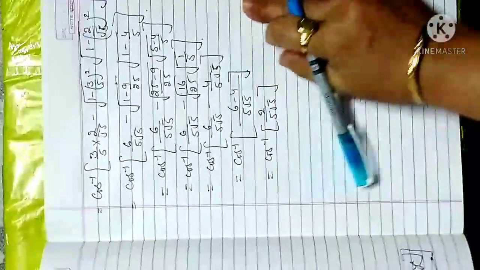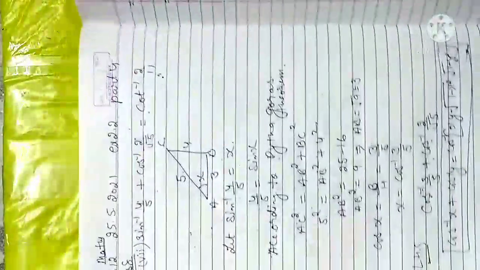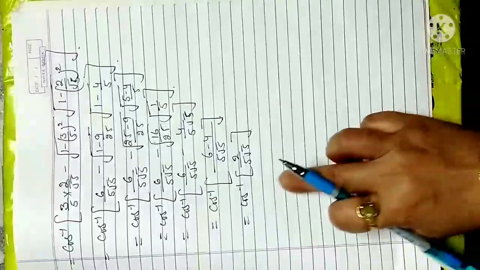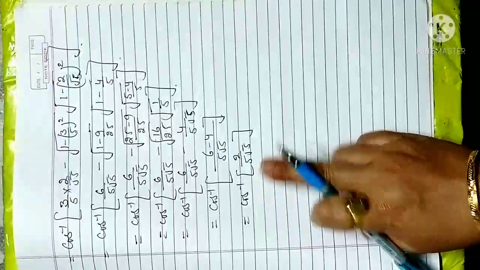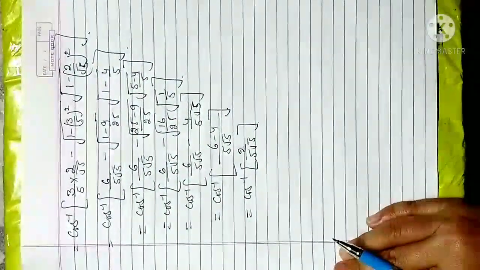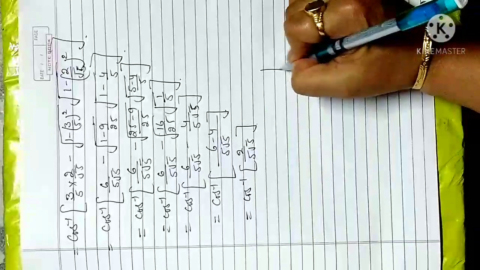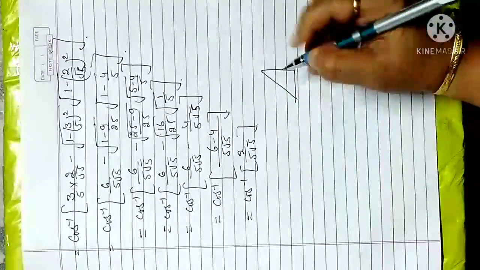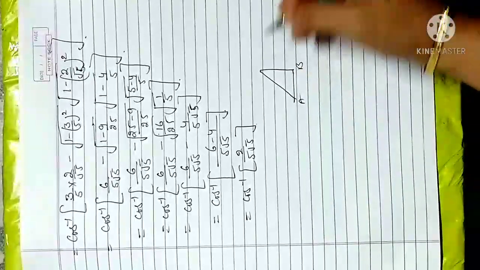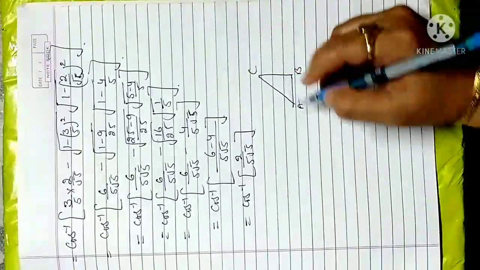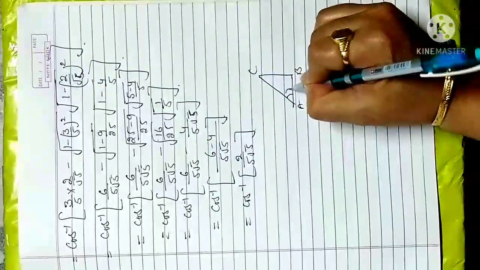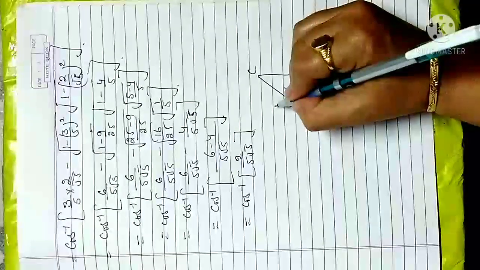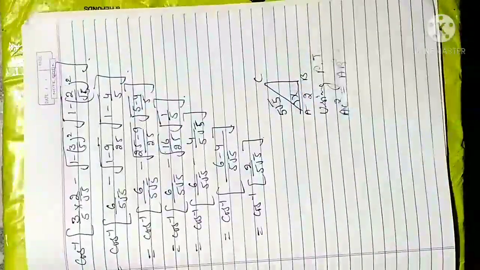Okay, but now my question is that I want to prove cot inverse 2 by 11. That means whatever value I get here as cos inverse, now I try to convert into cot inverse. So I go again with the right angle triangle. So here again A, B and C. So if this is my angle x and cos inverse is base upon hypotenuse, that means this is base and this is height.